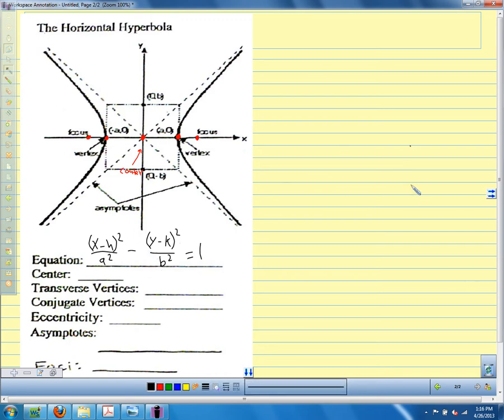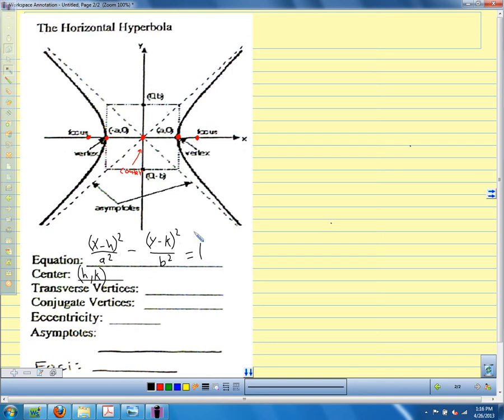So right off, the difference between a hyperbola and an ellipse, they look almost exactly the same. A hyperbola has a minus sign here rather than a plus. So that's what makes it different than an ellipse. Our center, just like the other shapes, is at the point (h, k). So h and k tell us where the center is.